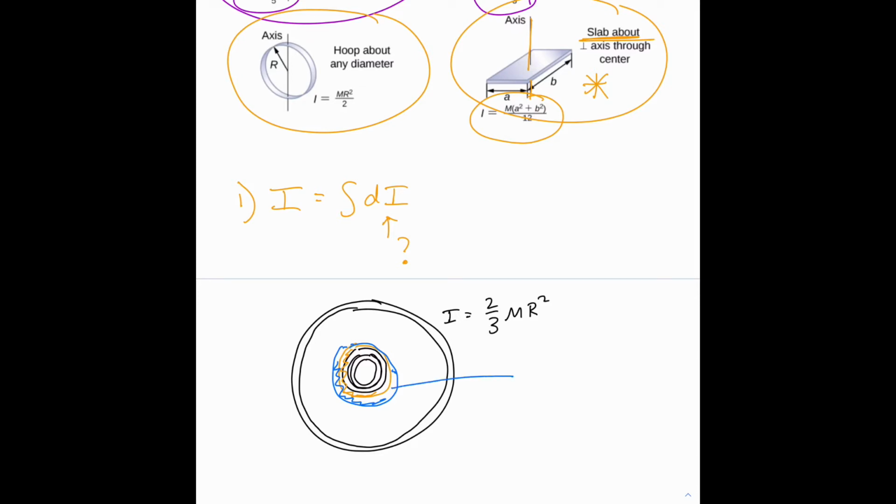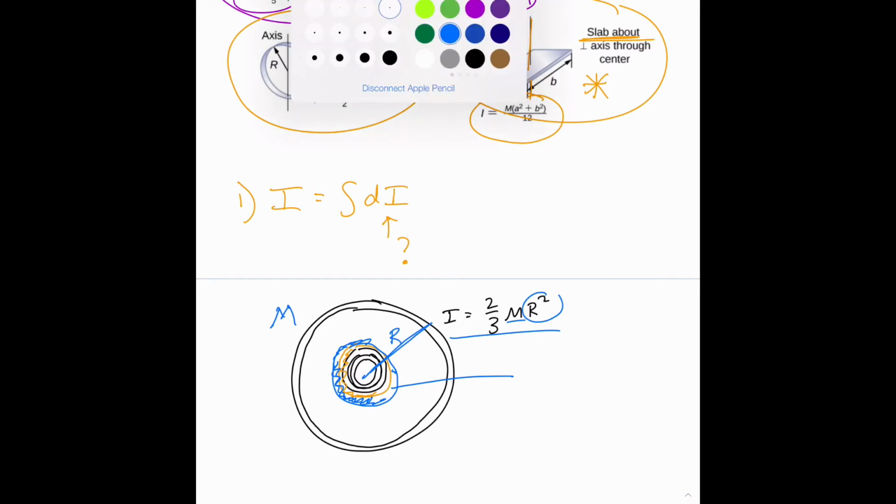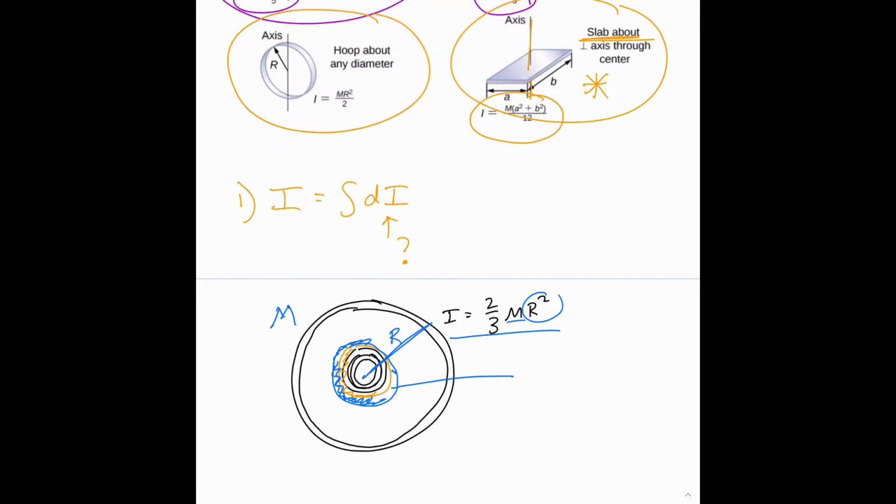So let's pick any one of these hollow spheres, and then I really can't say that I equals 2/3 mr squared because the mass of this hollow sphere is not capital M. We reserve capital M as the mass of the entire solid sphere. And we refer to r as the radius of the entire solid sphere. So we would probably say something like the mass of this spherical shell, which is part of the entire sphere, is dm, and it has a radius we'll probably just call lowercase r.